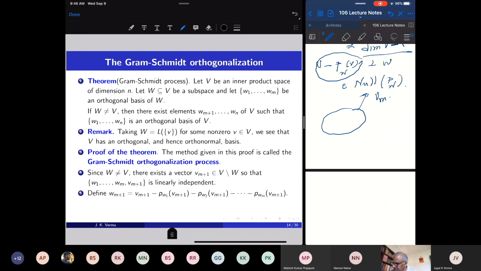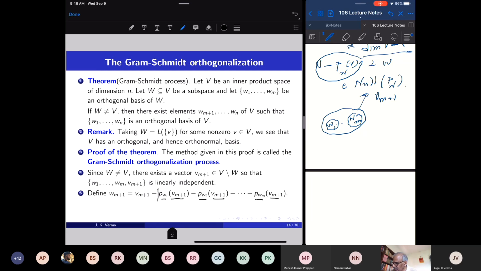Now our subspace W is already provided with the orthogonal basis W1 up to Wm, and V_{m+1} may not be perpendicular to these Wi's. What I can do is project V_{m+1} in each of these directions and add them. So take the projection of V_{m+1} in the direction of W1, the projection in the direction of W2, and so on up to Wm.